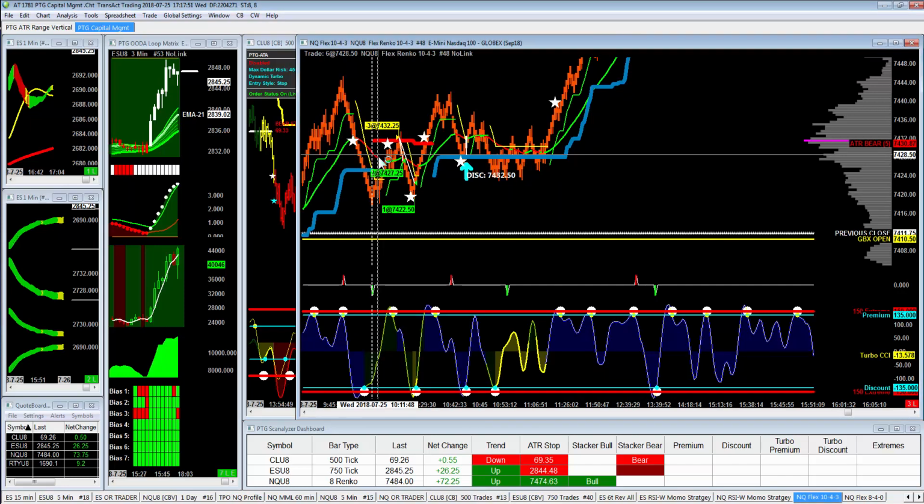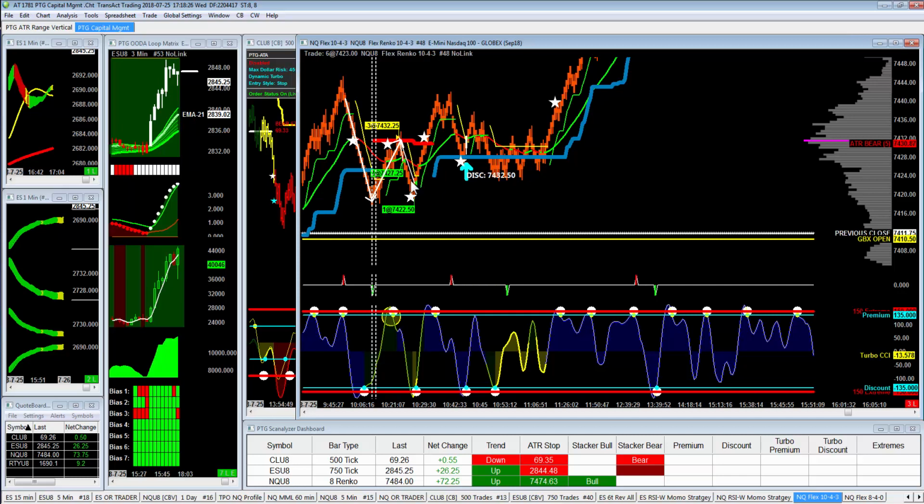We had a shift in our ATR right in here, and then the market came down and we had a bounce back up to the bearish ATR, the red line there, and this is where I took a trade on the short side, pretty much right near the line. As you can see, at that point we were in premium territory on our oscillator, and I was just simply looking for a trade.